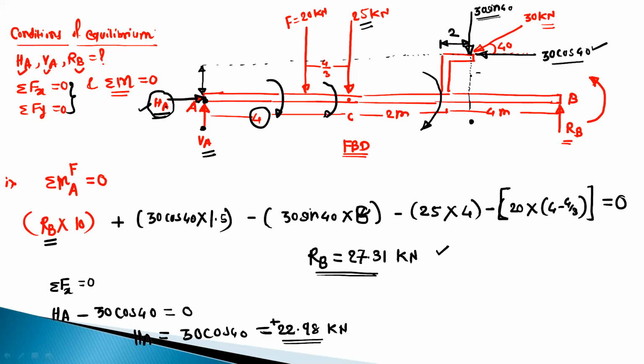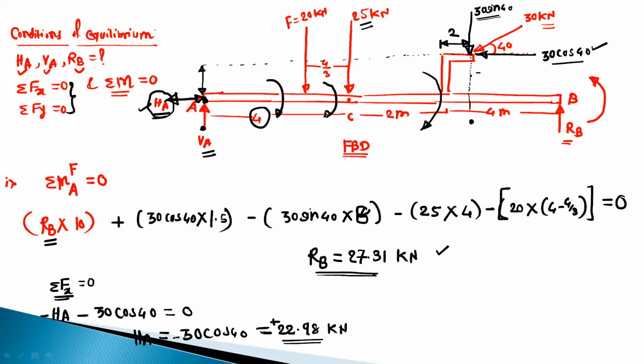Okay. Suppose we select the HA on the negative side like this. Then in the summation Fx, we have to take this HA value as a minus. So HA value in the calculation will become minus 30 cos 40.